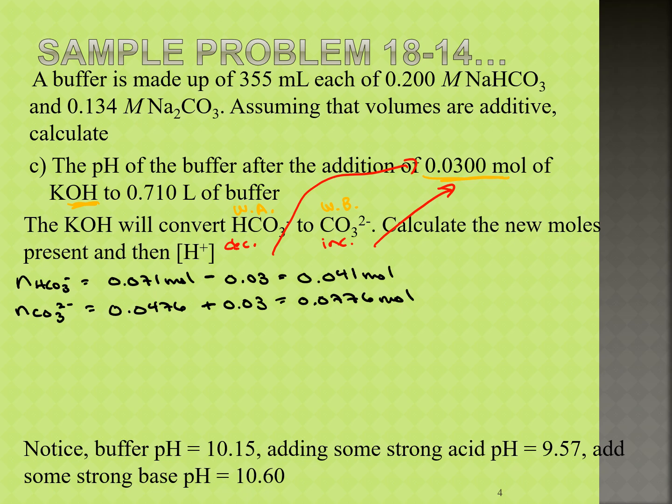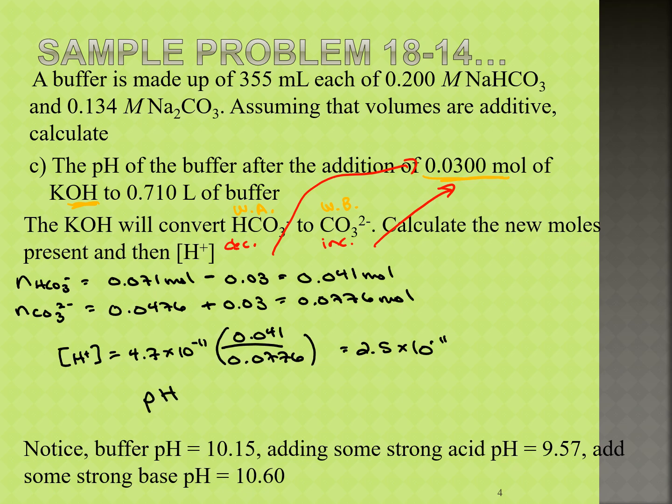Now we're plugging into our equation to solve for our H plus concentration. So we have 0.041 on top and 0.0776 on the bottom, and we get 2.5 times 10 to the minus 11th. And so the pH is the negative log of that, which is 10.60.